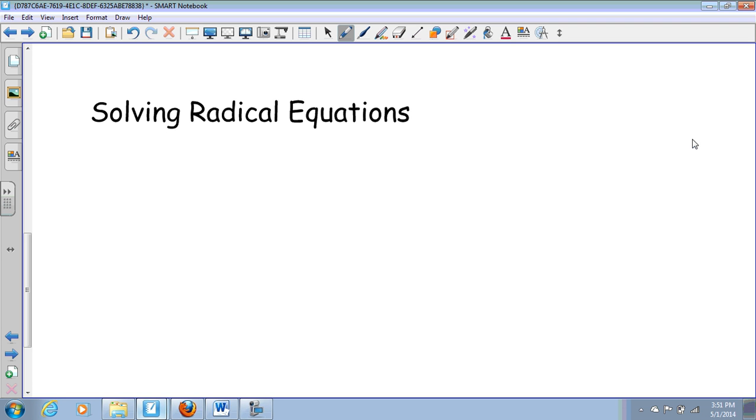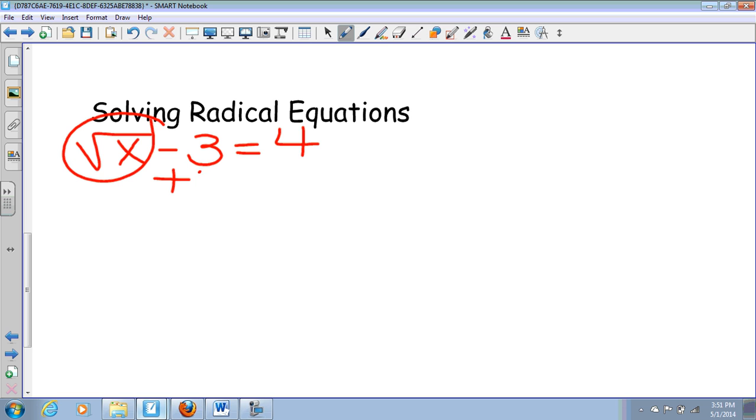On page 629, you have example 1 that you can look at, and you have the square root of x minus 3 equals 4. Now we're just going to treat these like regular two-step equations. We're going to treat the radical just as if it's the variable, and we're going to add 3 to both sides.